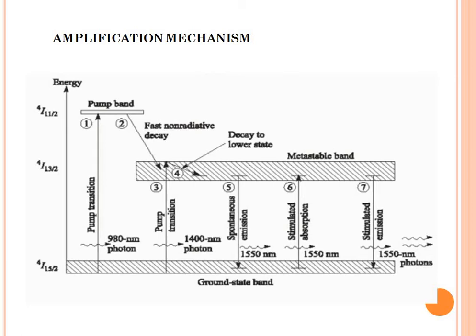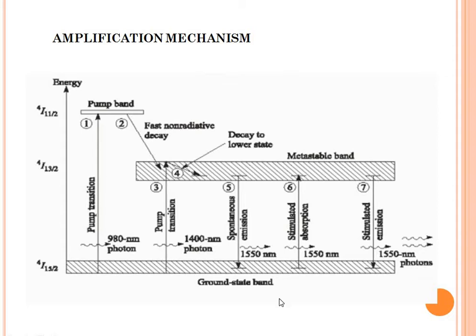0.814 electron volt. This energy corresponds to 1530 nanometer wavelength. The bottom of the metastable band is separated from the top of the ground state band by about 0.775 electron volt. This energy corresponds to 1600 nanometer wavelength.